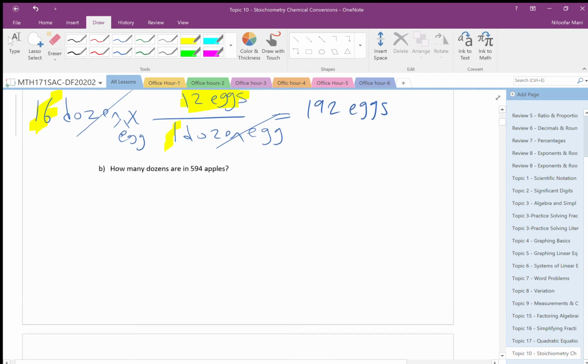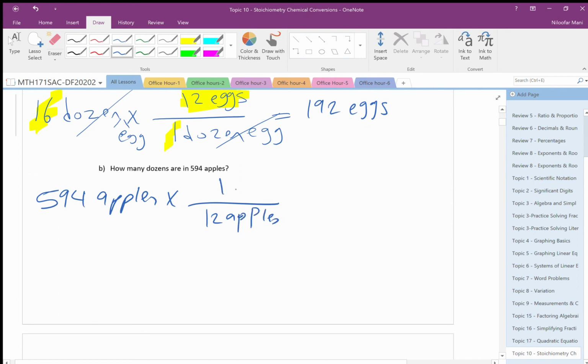Now, how many dozens are in 594 apples? Now I want to go from number to dozen. I use the same thing, 1 dozen is 12 apples, but in a different way. I have 594 apples, multiplied by 1 dozen over 12 apples.